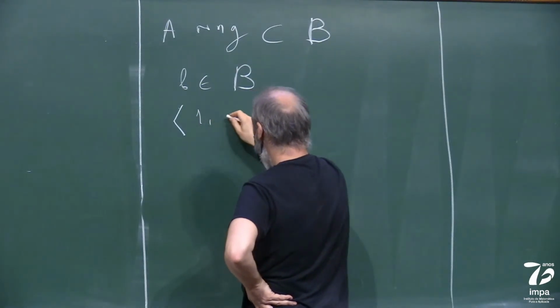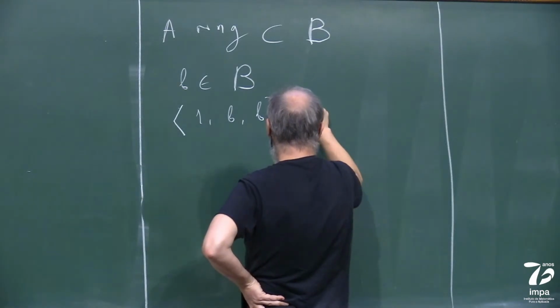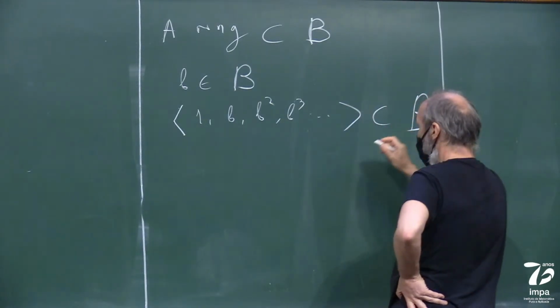So it's 1, b, b squared, b cubed, this submodule inside B.